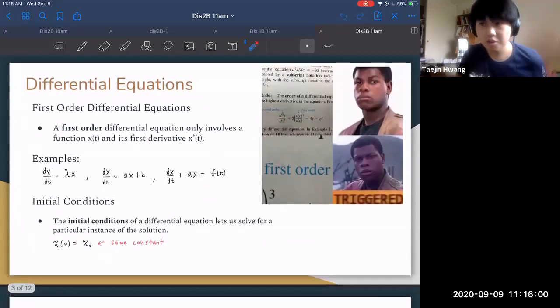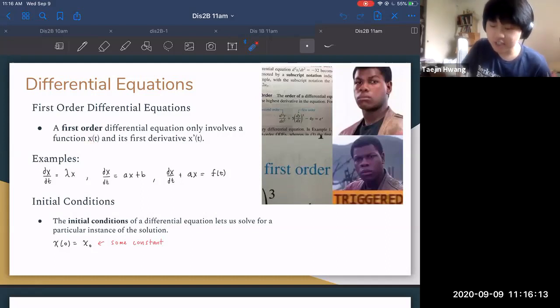So the main focus of today is going to be on something we call first order differential equations. I see some of you smiling here. And a first order differential equation is something that only involves the function x and its first derivative. So the two common forms you're going to see today are of the form dx dt is equal to lambda x, and then dx dt is equal to ax plus b, where b is some constant.